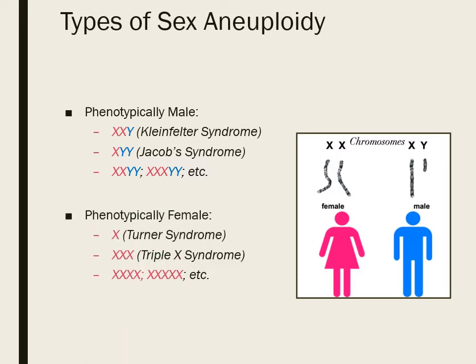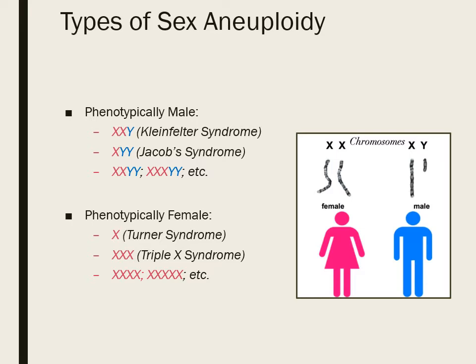In terms of people who are phenotypically female, if they have a sex aneuploidy, they may have a single X, so they're missing an X chromosome. This would be called Turner syndrome. Then there's Triple X, which is literally 3 X's, where the females have an extra X, and then you might have multiple more X's than that, but again, increasingly rare.